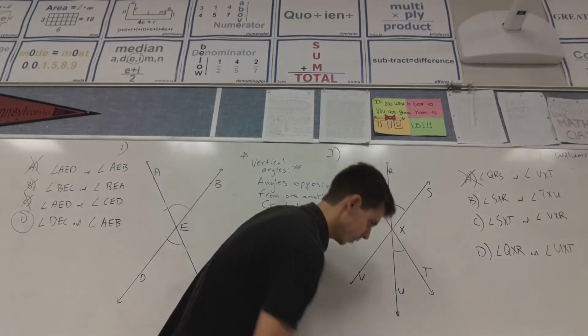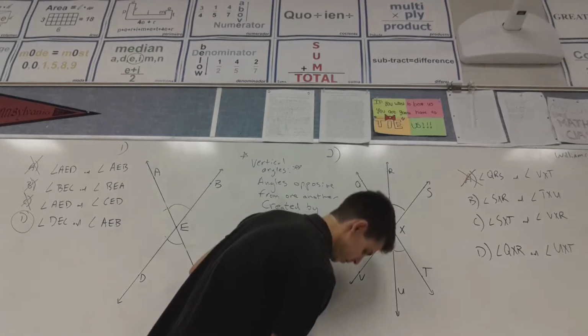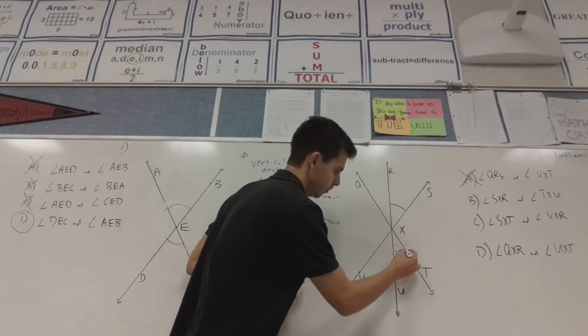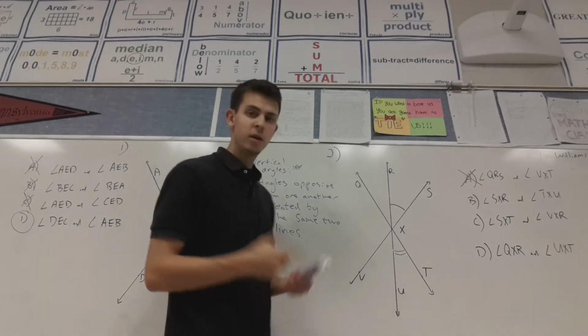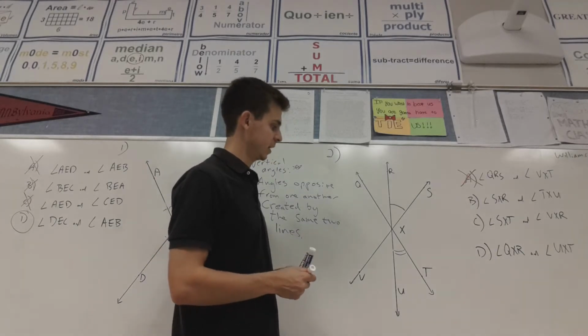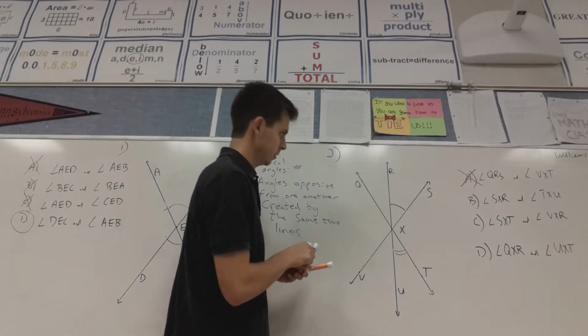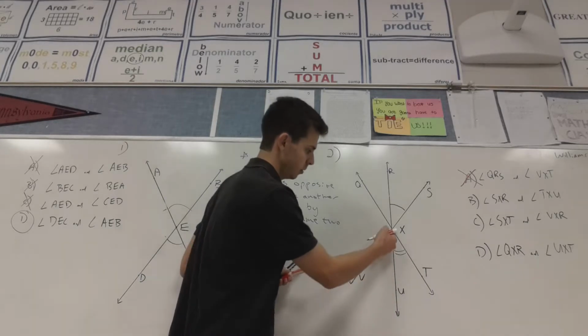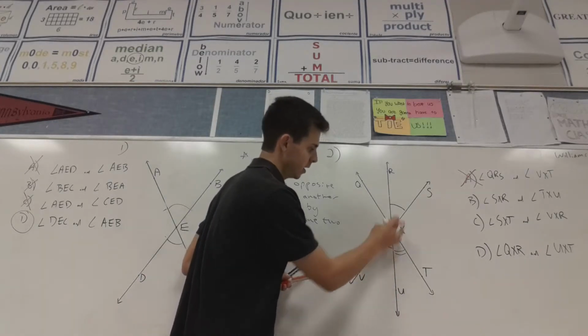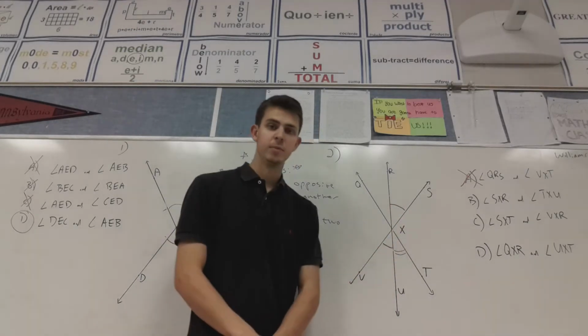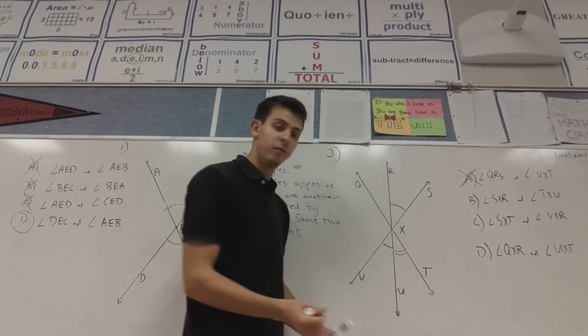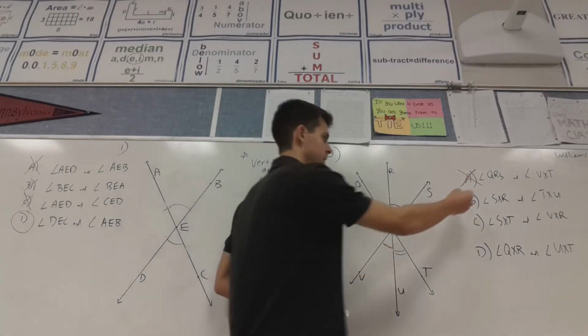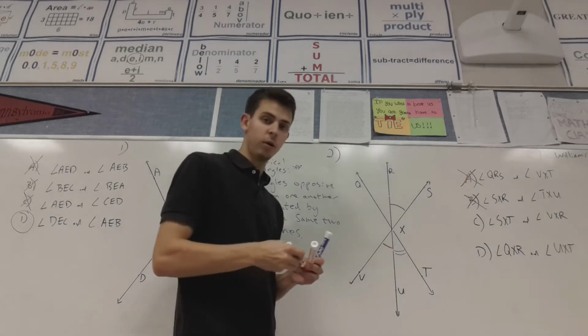SXR, actually I'm going to label this with a red and a blue. The angle that's vertical from SXR is UXV here. These are the ones here that are opposite, and these are the ones that are vertical. So we know that B is an answer choice that also does not work.